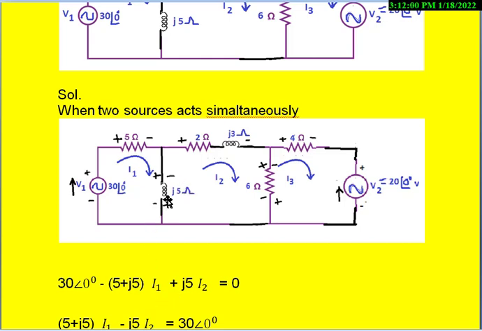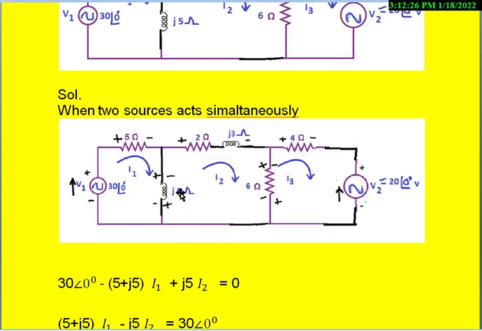Here I2 is also flowing. There is a voltage drop in this, but I2 enters here, so it is plus here and negative here. In other words, I2 is flowing opposite to the I1 direction. So the voltage drop across this element will have the opposite sign of the voltage across this 5 ohms.